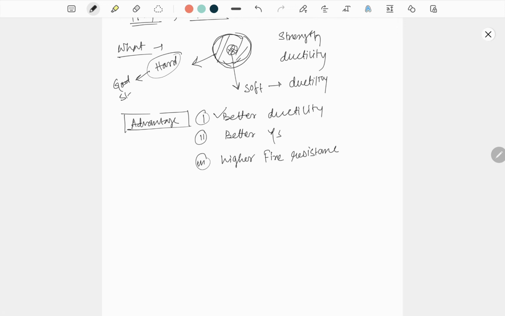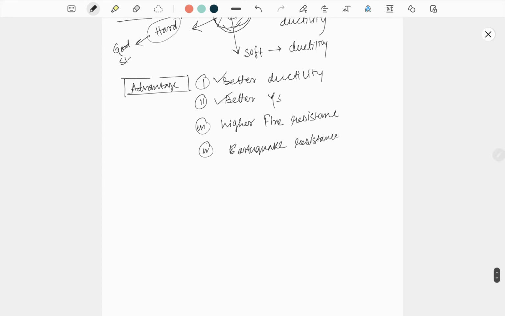As it has better ductility and better yield strength, definitely earthquake resistance, and definitely fatigue resistance.